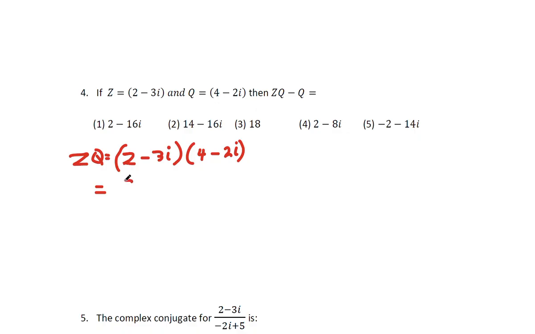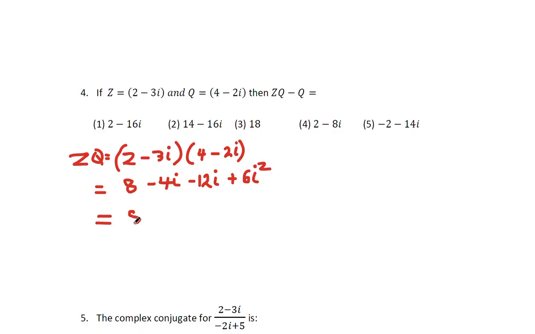2 multiplied by 4 gives us 8. 2 multiplied by negative 2i gives us negative 4i. Now negative 3i multiplied by 4 gives us negative 12i. And negative 3i multiplied by negative 2i gives us positive 6i squared. So this is zq that we're finding.